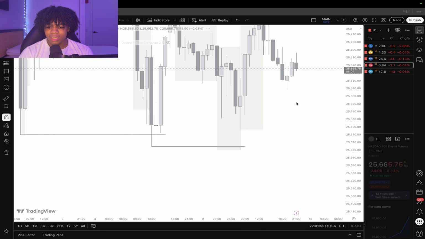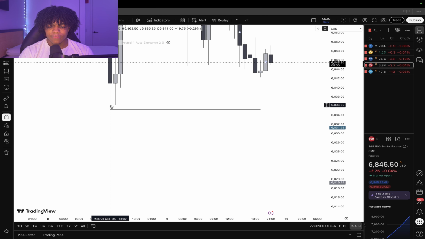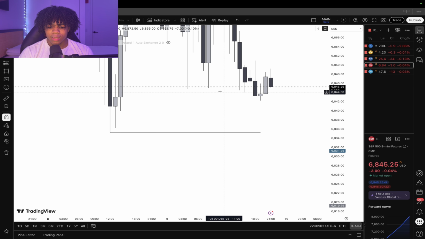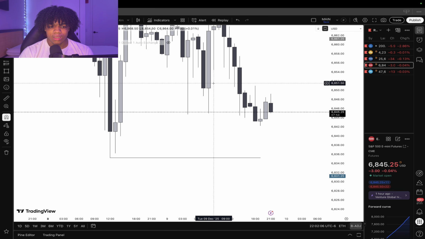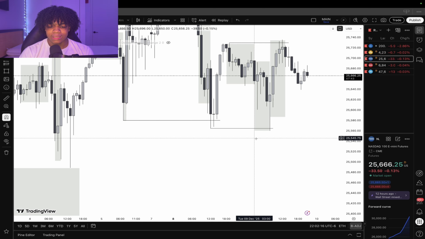Now, if we head over to ES, what do we see here? The very same low, and we go to 8 o'clock, right? As you see, ES had failed to take out that low. So what this did is it left us a bullish SMT divergence, right? With NASDAQ being our leading pair and ES being our lagging pair.